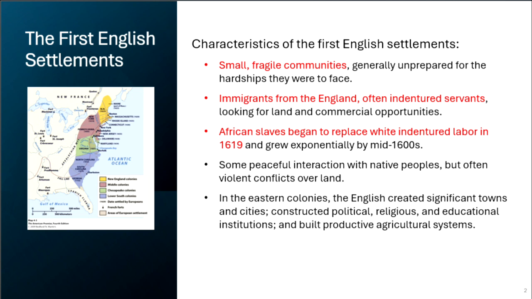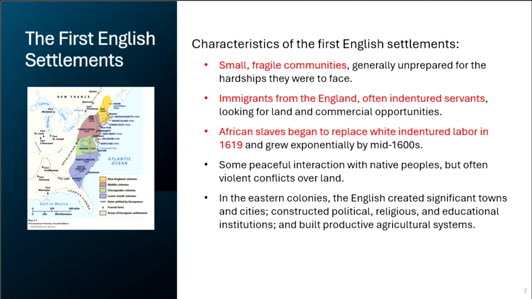Many arrived as indentured servants, basically working off their passage in exchange for a chance at a new life. And that's a good reminder that the American dream, even back then, wasn't always equally accessible. Exactly. And this period also saw a gradual but really profound shift from indentured servitude to African slavery, a change that would obviously have a devastating impact on the colony's future.